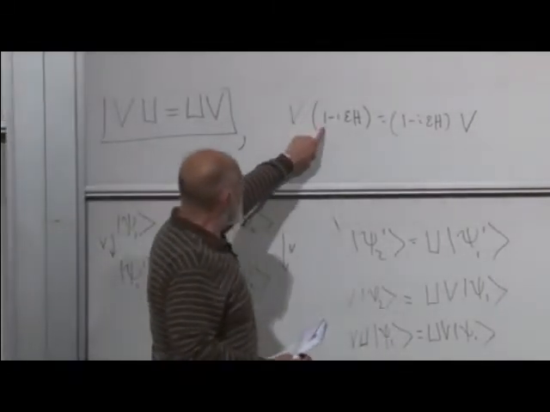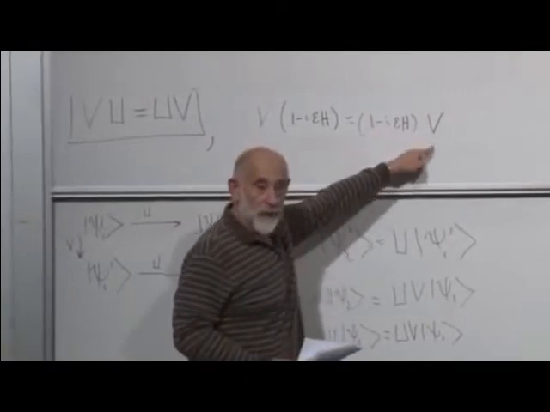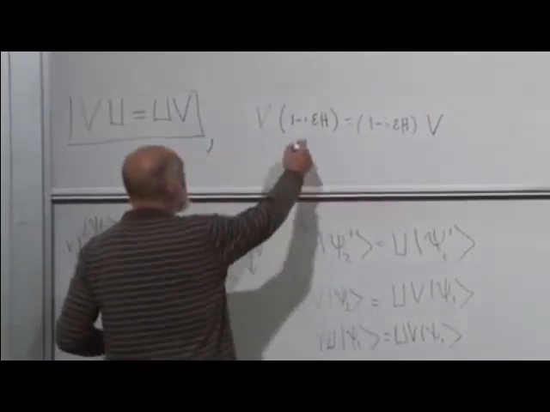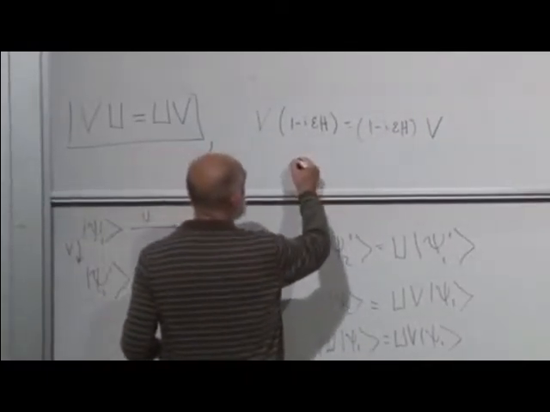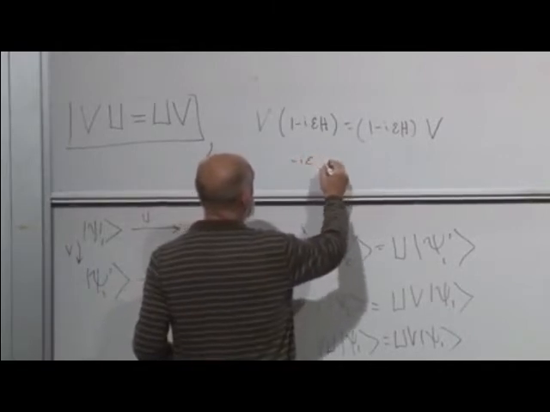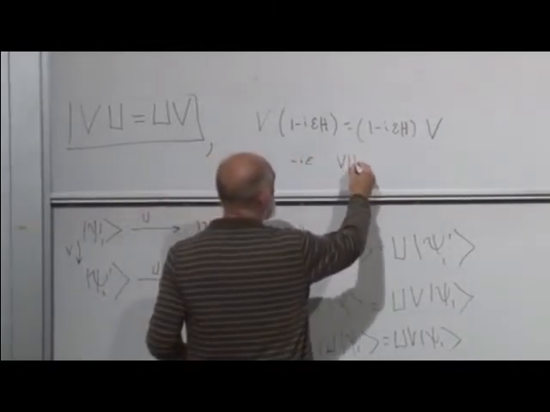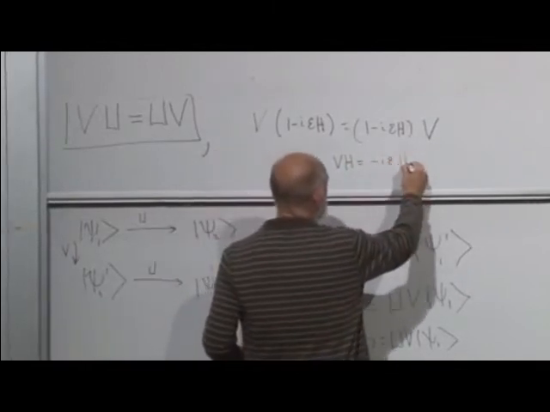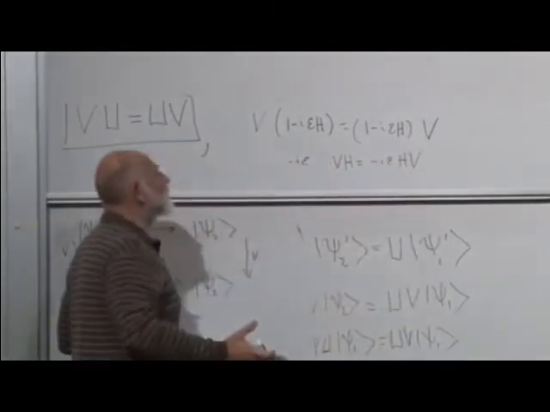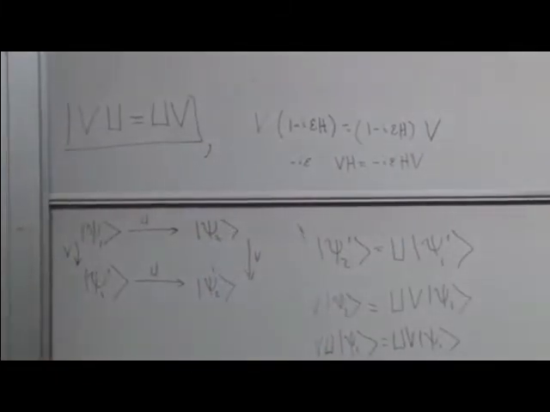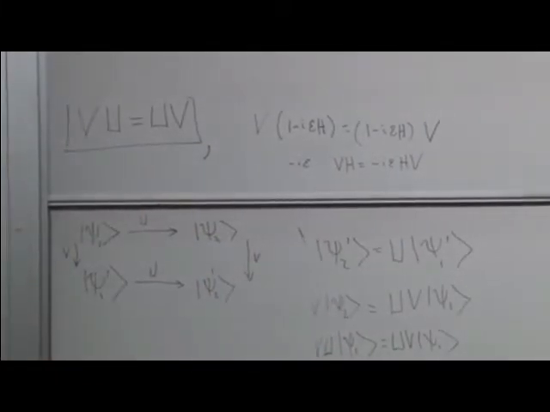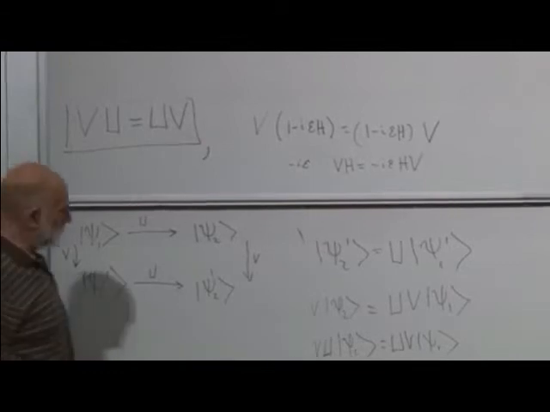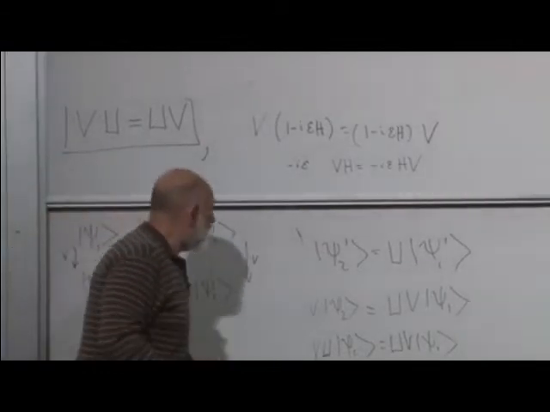First of all, v times 1 is equal to 1 times v, so those cancel. And what it says is that minus i epsilon vh equals minus i epsilon hv. Well, canceling out the minus i epsilon, it says that v commutes with the Hamiltonian.